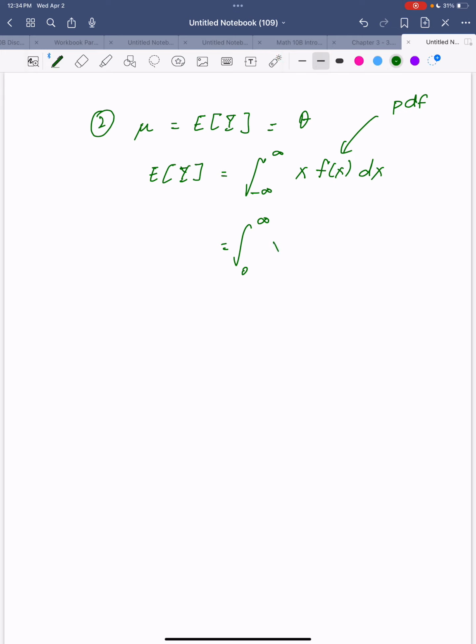And we'll have this x times 1 over theta e to the minus x over theta dx. And then use the change of variable, or u-sub, as we call it. Use a u-sub.